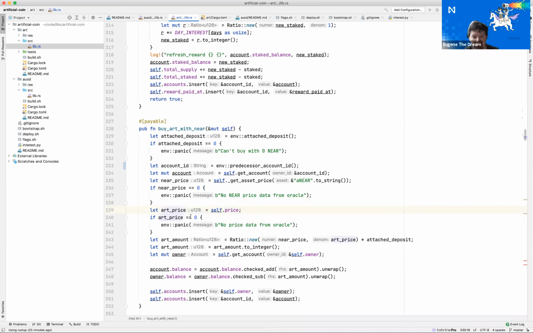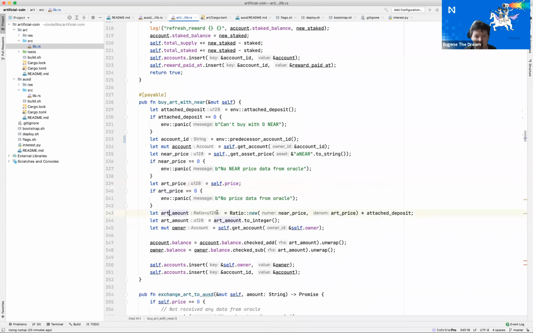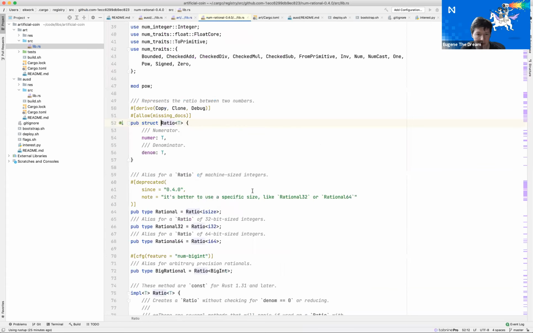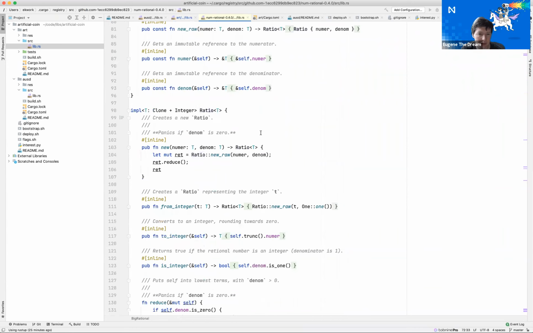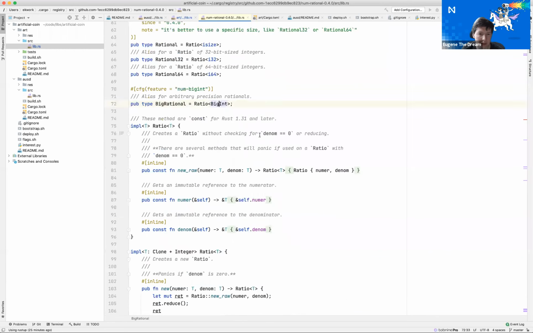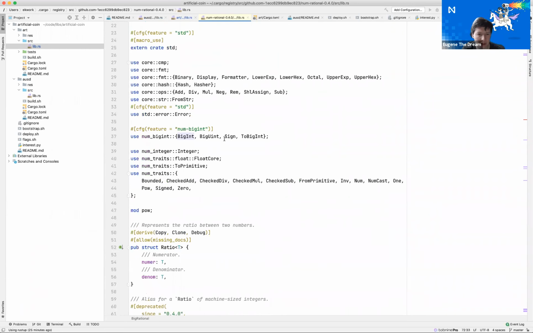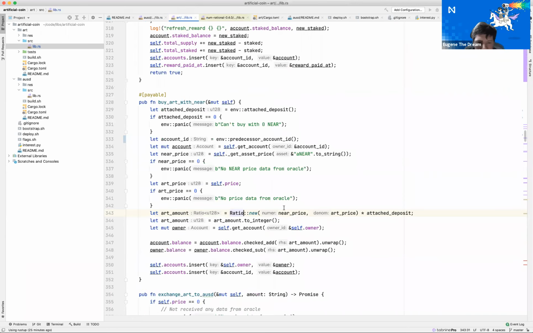Okay, in dollars. So how much you get is near price divided by art price multiplied by the near. Well, we only can hope that the ratio handles overflow, because it's unclear which ratio we use. Is it big integer or not big integer? I feel like it's not big integer, it's U128.